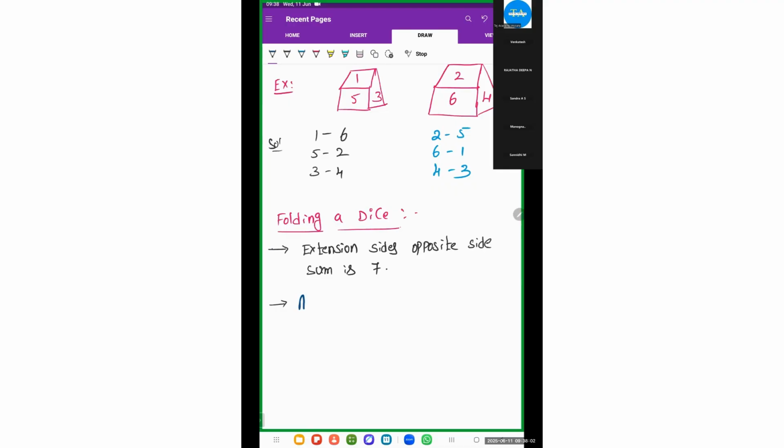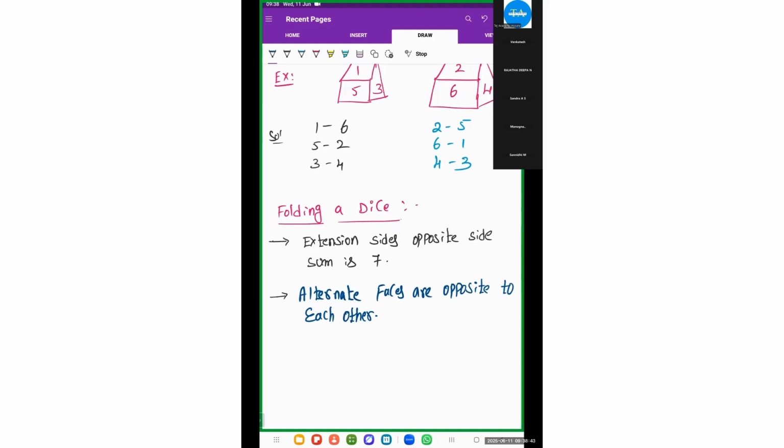So alternate faces are opposite to each other, and extension sides' opposite faces sum is 7. If you remember these two, this folding of a dice part is very easy.